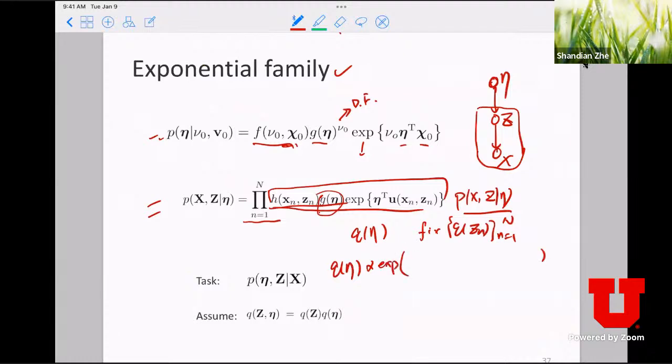Inside this exponential, we're going to do the expectation under Q, now it's under Z, right? And then the logarithm of P eta, the prior here, plus the logarithm of P x Z given eta, right? But now you cannot throw out the log prior, because the log prior directly involves eta, right? It is directly related to eta. You need to preserve that.